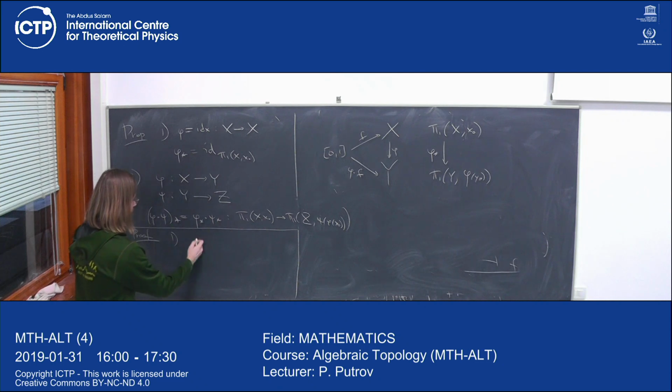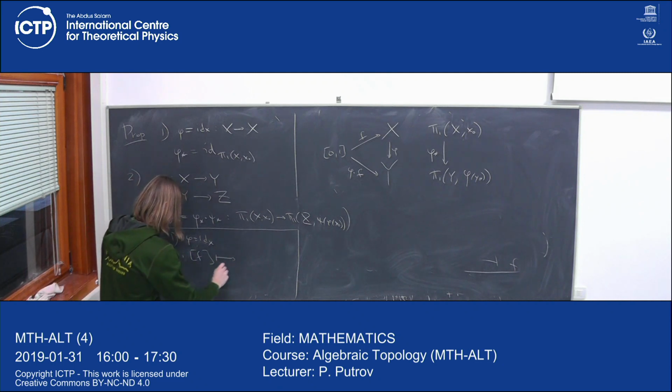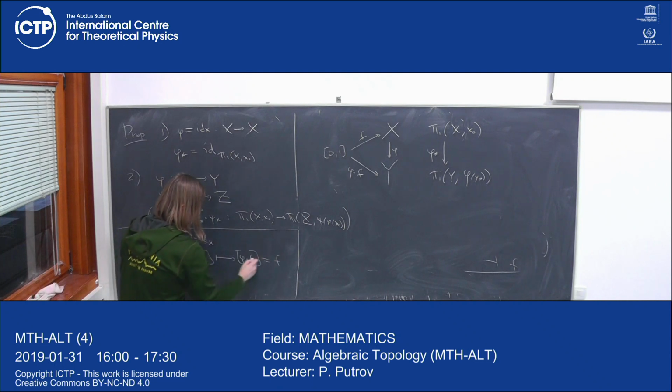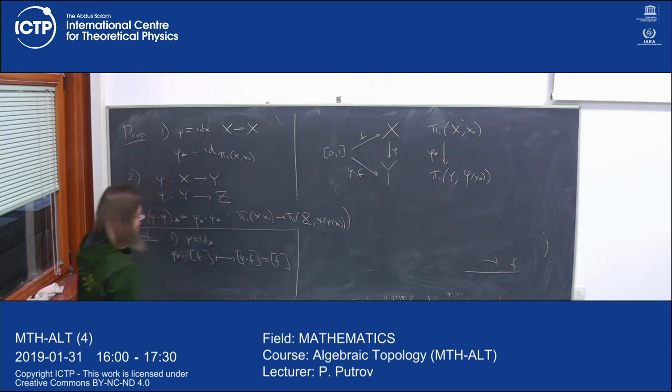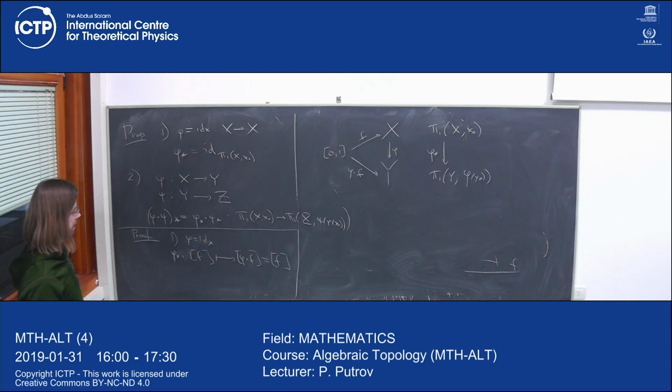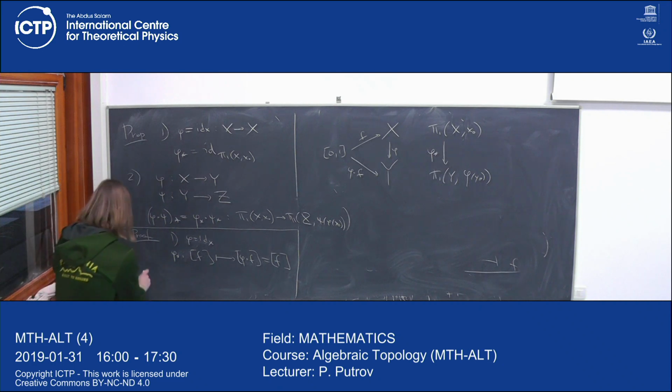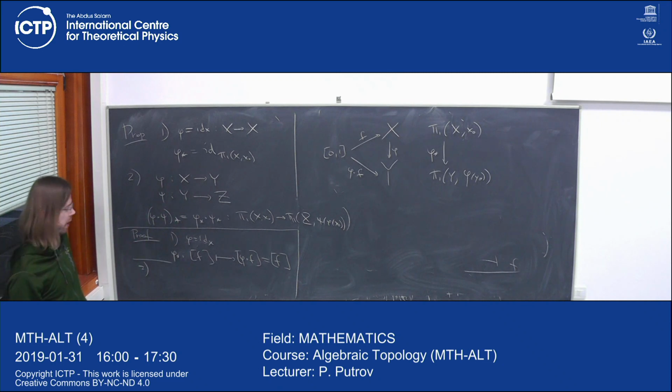Since we take phi to be the identity on X, the phi star takes some homotopy class of some F and brings it to the composition of phi and F. And since phi is the identity, this is the same as the homotopy class of F itself. So indeed phi star is the identity on pi1.